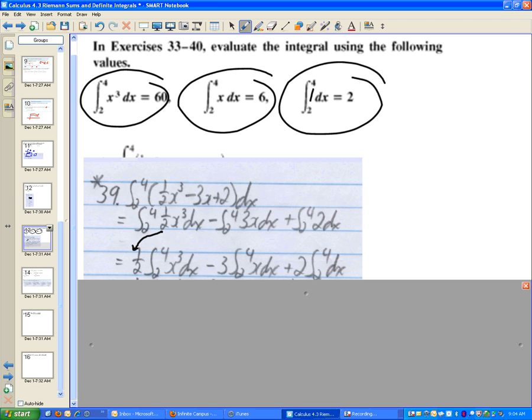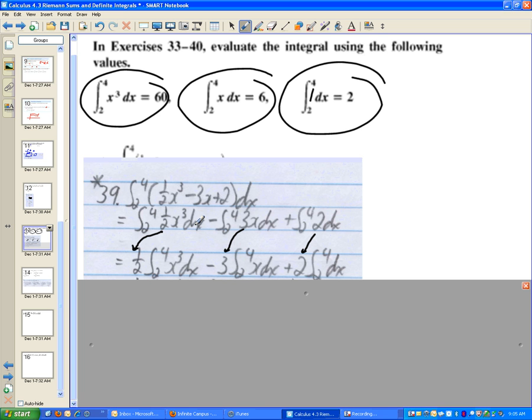Factor out your constant. So make that negative 3 times the integral from 2 to 4 of x dx. I like that because I know what the integral from 2 to 4 of x dx equals. And on the last one, again, factor out a constant. Put the 2 in front. Make that 2 times the integral from 2 to 4 of dx. I like that because they told me what the integral from 2 to 4 of dx equals.